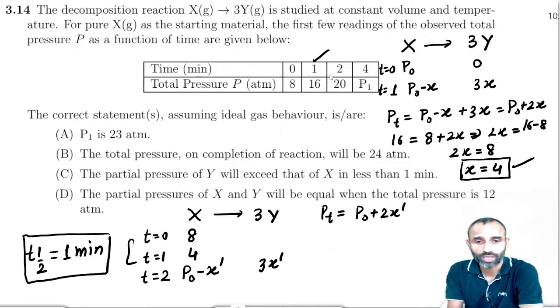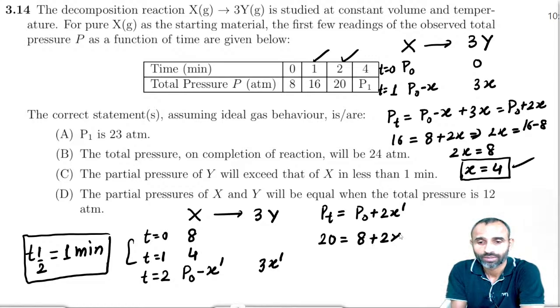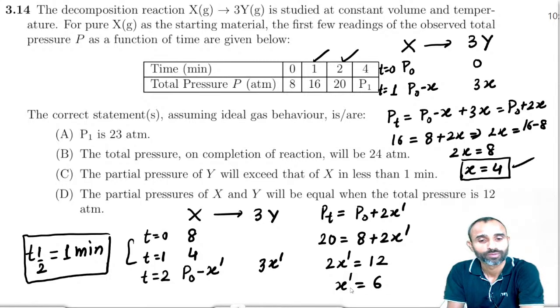P total now after 2 minutes is 18, so x dash comes out to be 2.